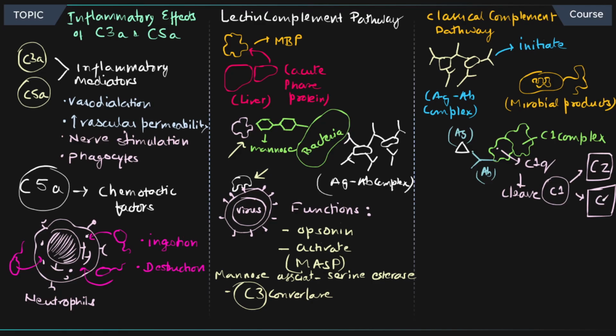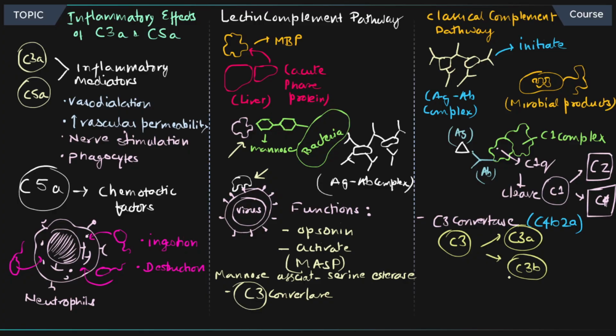You have these proteins that are getting produced, and then you have C3 convertase, which in this case is C4b and 2a. These proteins are going to convert C3 to C3a and C3b. And you know that after this, you will have complement cascades that are going to get activated.